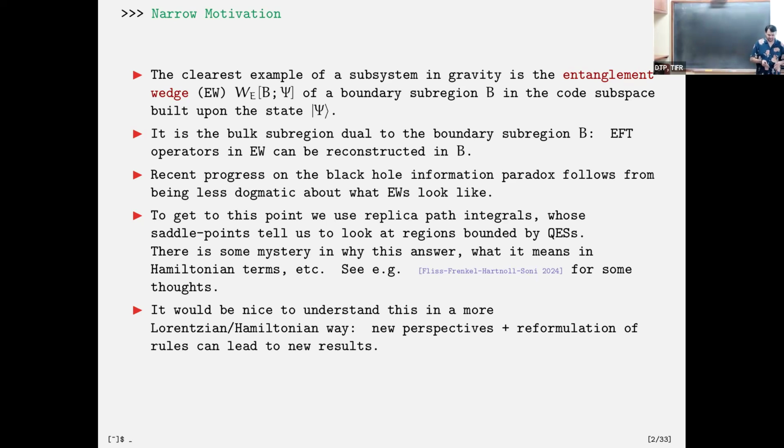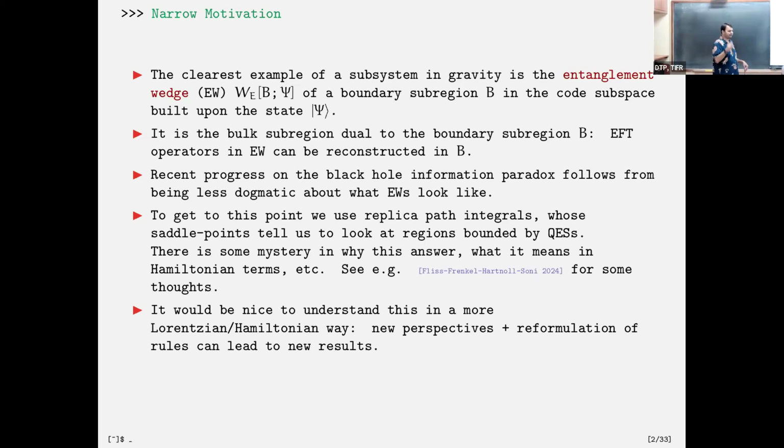Okay, you get a code subspace. It's semi-classical, and we know that there is a subregion which is called the entanglement wedge, which is a subsystem because all the operators there are encoded in a particular part of the boundary. So there is a known example of a subsystem.